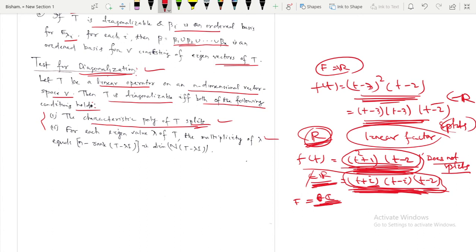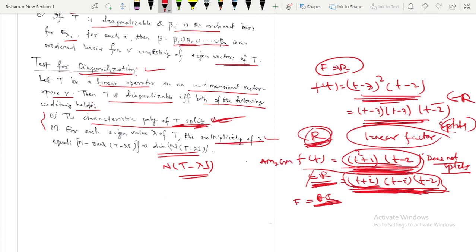And the second point is, for each eigenvalue lambda of t, the multiplicity of lambda is equal to the dimension of the null space of t minus lambda I. So algebraic multiplicity should equal geometric multiplicity.